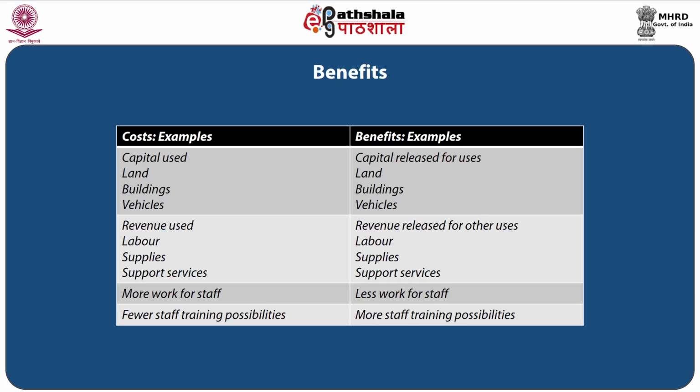Revenue released for other uses: labor released for other purposes, supplies released for other purposes. Then support services. More work for staff is the cost and less work for the staff is the benefit. Fewer staffing possibilities and more staffing possibilities, staff training possibilities.